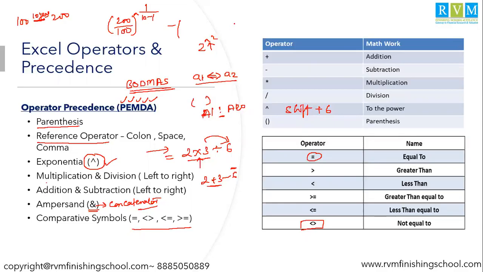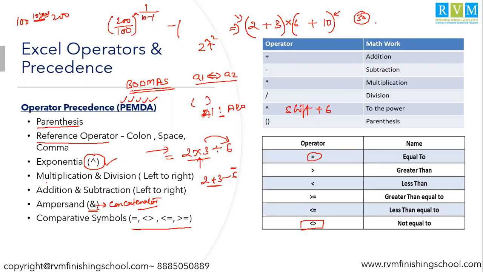Let's write an expression: 2 plus 3 into 6 plus 10. Mathematically, this will give you 18, 28, so the answer is 30. Now, if I put brackets inside, like this, two brackets, then these brackets will get solved first.